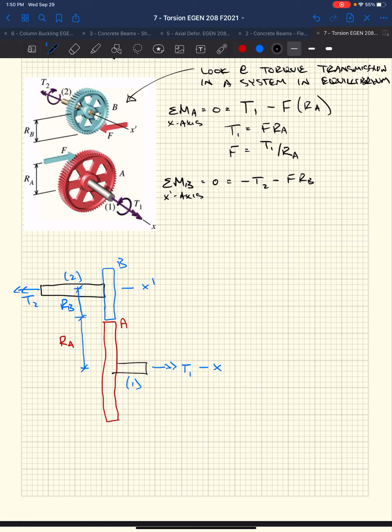It's facing in the left direction. Well, it's opposite our assumed positive x prime axis, right? So it's negative. Then our force F, right-hand rule, if we curl our fingers in the direction of that force around that blue gear, our thumb's going to be pointing opposite of our assumed positive coordinate. That's also negative, so we get two negatives. So we have T2 equals negative F RB.